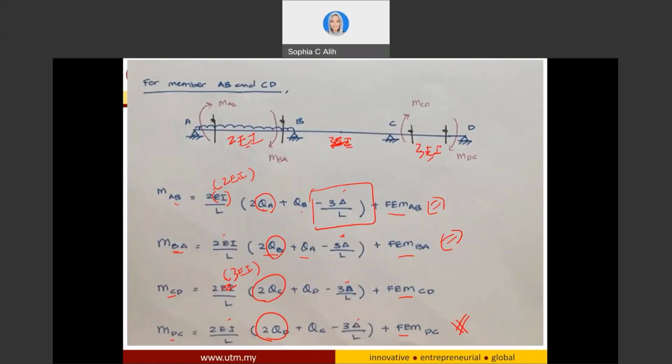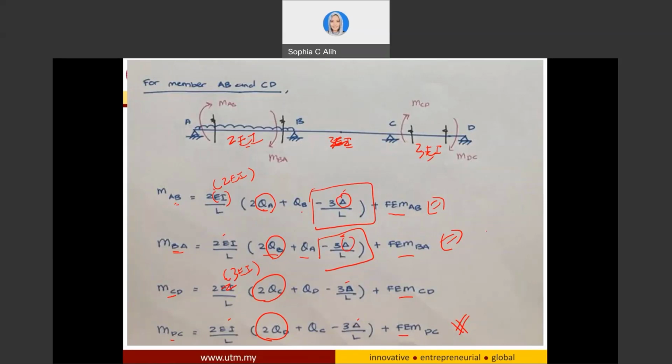The time when the beam has settlement, then you will have this part of the equation only, this part. And you have to be careful whether the settlement is positive or negative, because it's going to make a difference in this delta value.